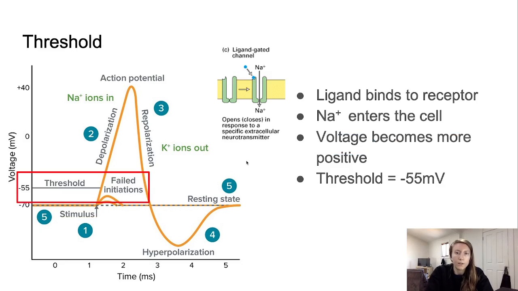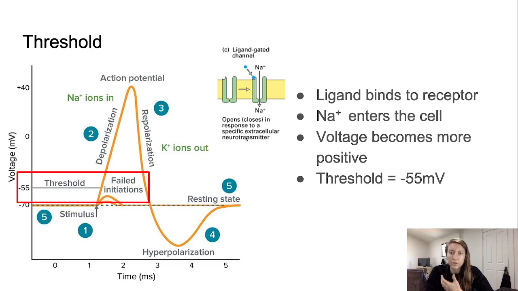But we spoke about the fact that there's these ligand-gated channels that will open in response to a neurotransmitter. So in this case, let's say that an excitatory neurotransmitter has come along, such as glutamate. It will bind to this receptor, and then the ligand-gated channel will open. Now, in the case of this being an excitatory neurotransmitter, we'll have sodium enter the cell.